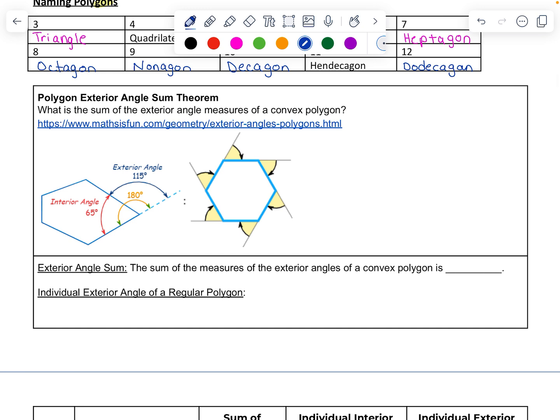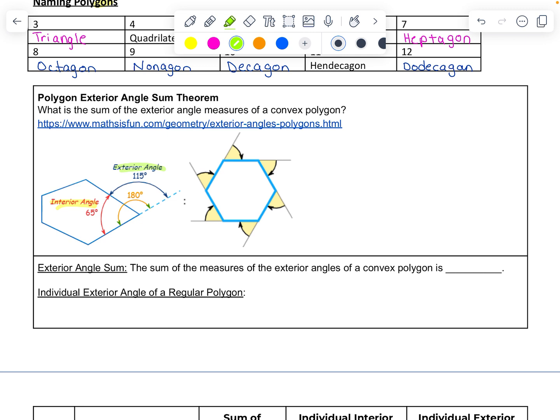So in this right here, you see the polygon's exterior angle sum. We've talked about interior angles, in red here, which are located inside. The exterior angle is on the outside. And they're wanting to show you that the interior and the exterior angle always add up to 180 degrees.